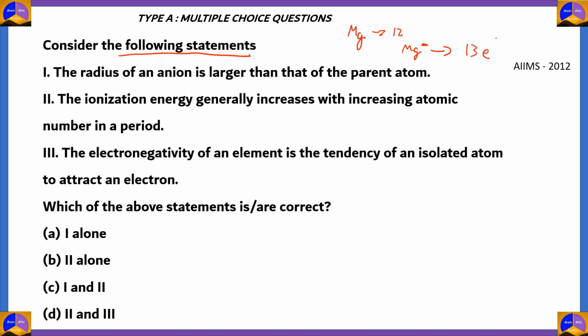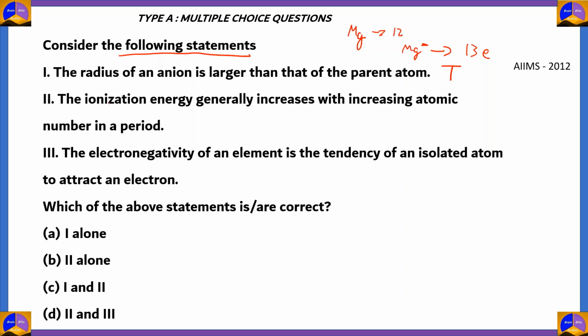So 1 electron would start filling in the 3p orbital, which makes the new electron repelled by the shielding effect. So the radius increases. The radius of an anion is larger than that of the parent atom because you have to add more electrons into an anion, and the shielding effect between electrons makes the radius larger. So statement 1 is true.